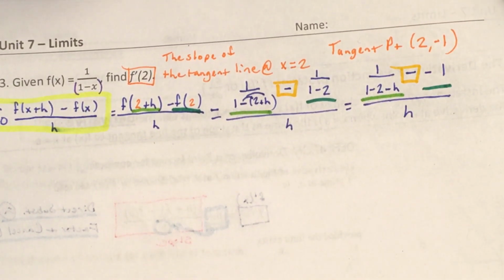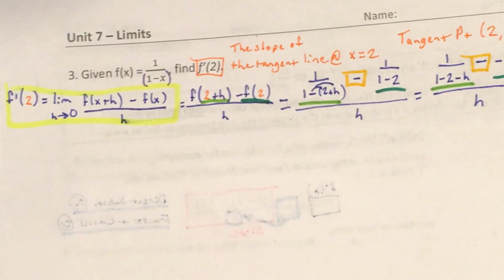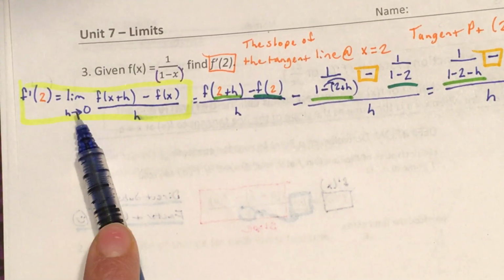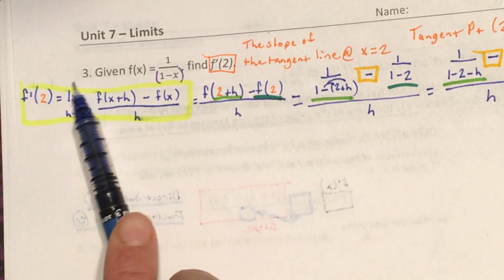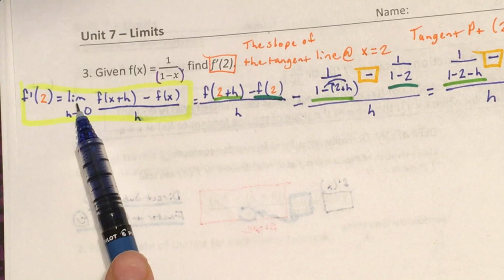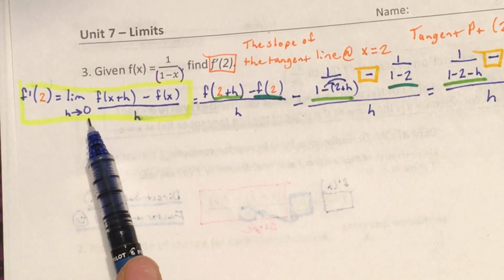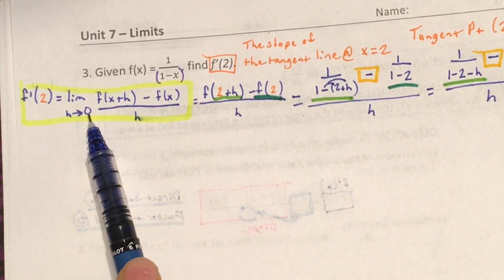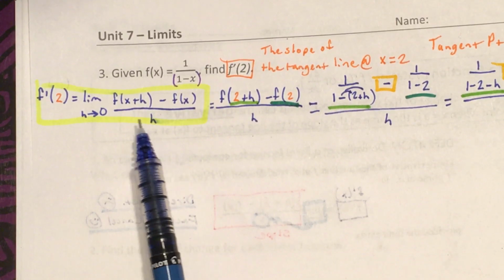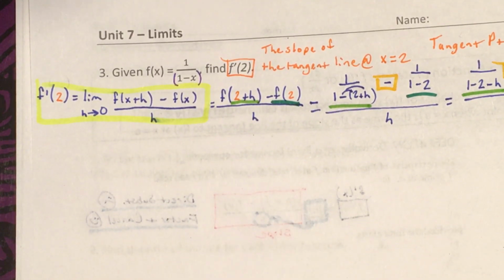Alrighty, so remember folks, anytime we drop down to a new line of work, we have to rewrite that limit notation. This limit as h approaches 0 does not go away until we are able to use direct substitution and plug that 0 in for the h's in the expression, which we won't be able to do until we can cancel out that h on the bottom.